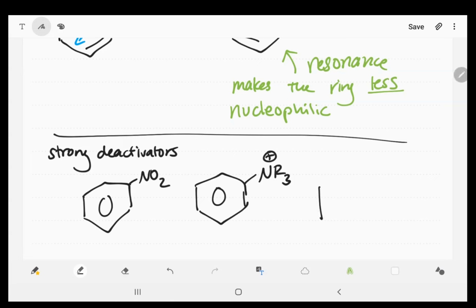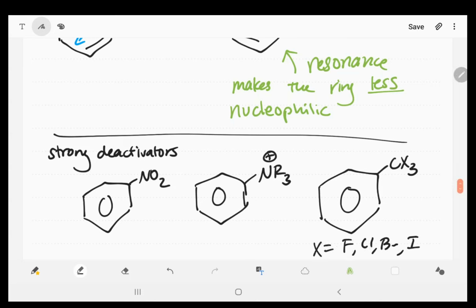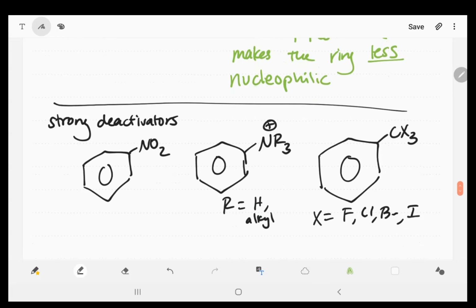Because again, when you look at these things attacking something, you end up with a carbocation next to the positively charged nitrogen. That's not a good thing. We also see that if we have something that is heavily halogenated, that would be a strong deactivator as well. So if you have one of these three things, that's a strong deactivator.